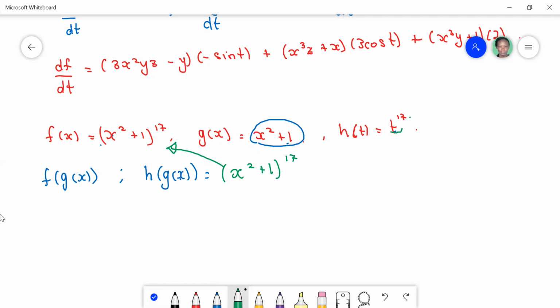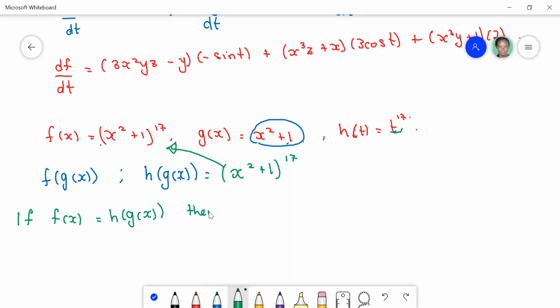So that f of x is equal to this, h of g of x.